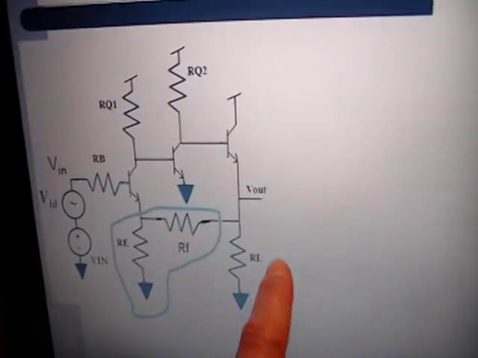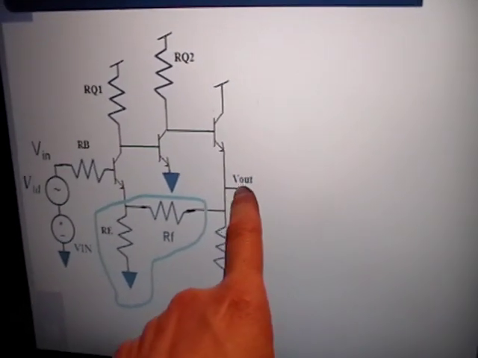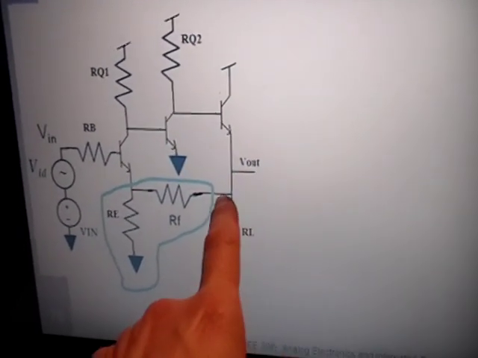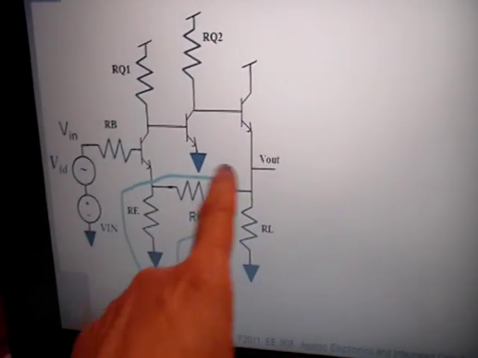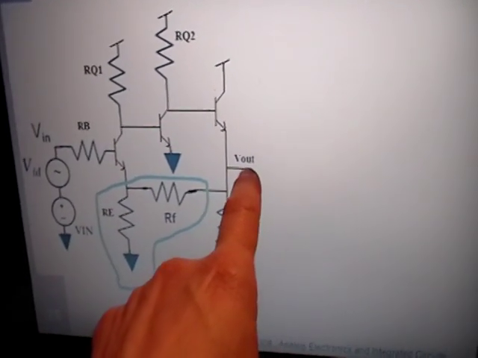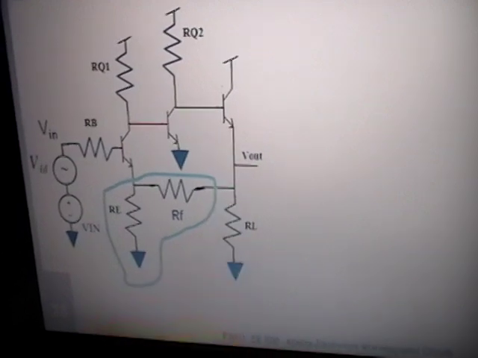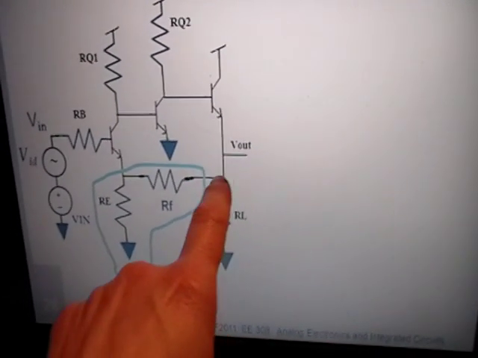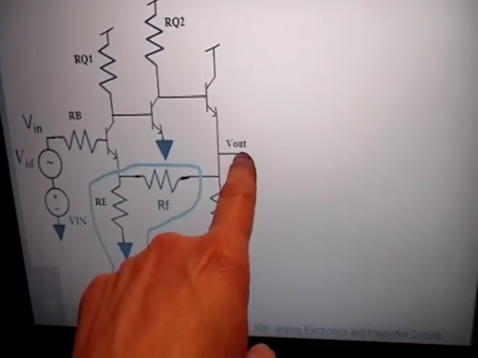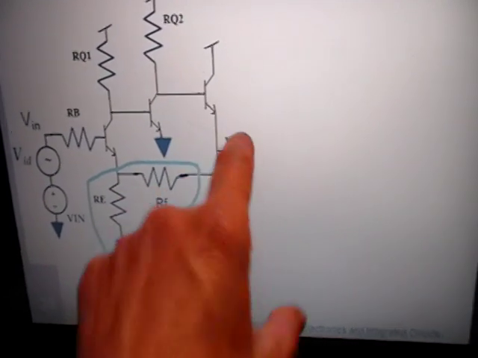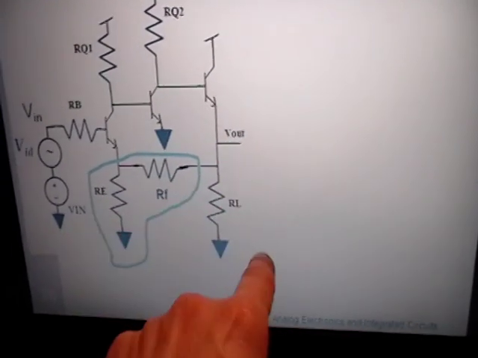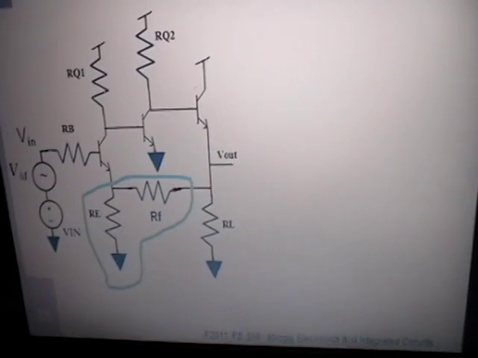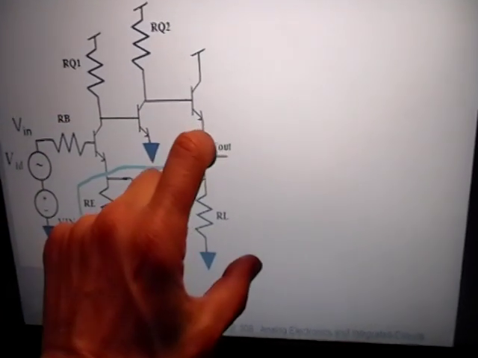Alright, and the output, let's see what happens here. There's the output of your amplifier. Your output is also your input to your feedback network. If you are looking at the voltage for the input to your feedback network and feedback to your output of your amplifier, they both go from the same point to ground. So those are shunt. Those are across these 2 nodes.